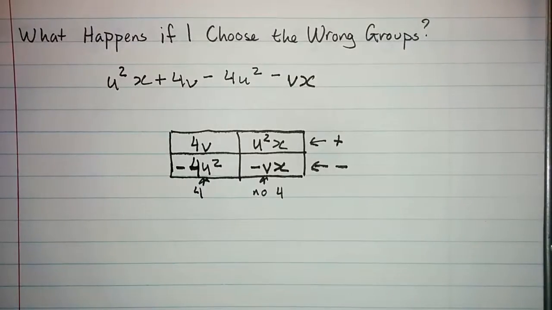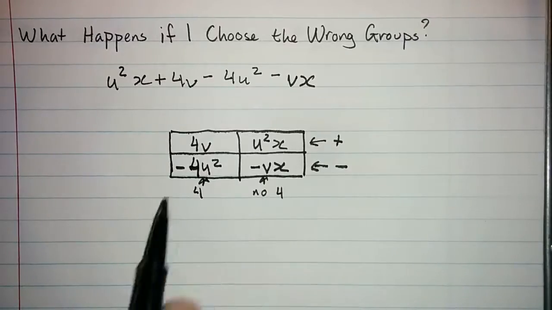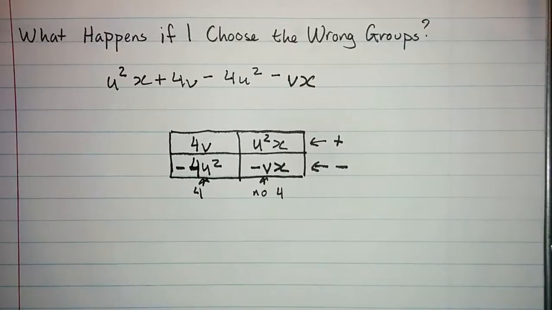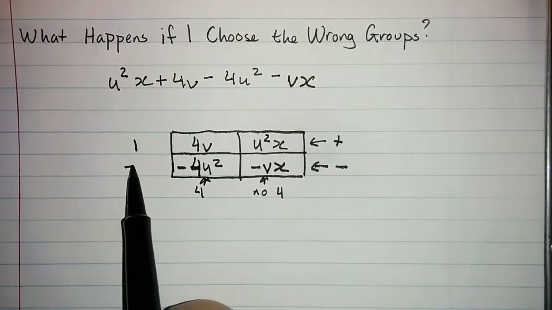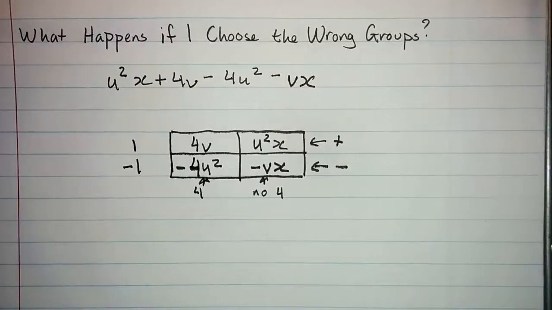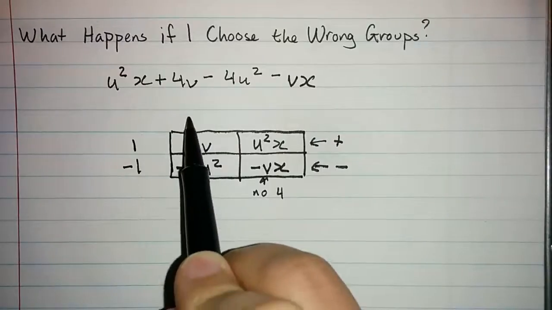All right. But now, looking at my rows, I don't see any common factors, right? Well, I see a 1, maybe a negative 1 here. But this doesn't work, right? 1 times what is 4v?